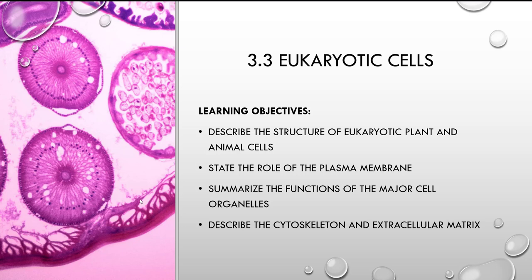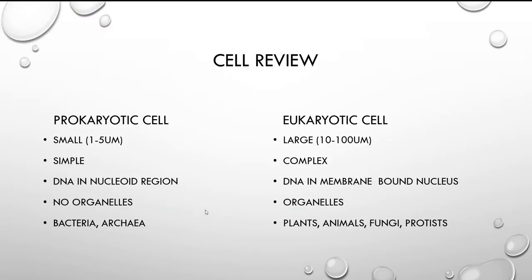Okay. So to start us out, let's just do a brief review of the difference between a prokaryotic cell and a eukaryotic cell. So we already know that the prokaryotic cell is a lot smaller and simpler than a eukaryotic cell. So eukaryotic cells, think large and complex.